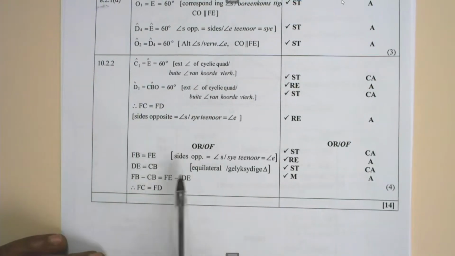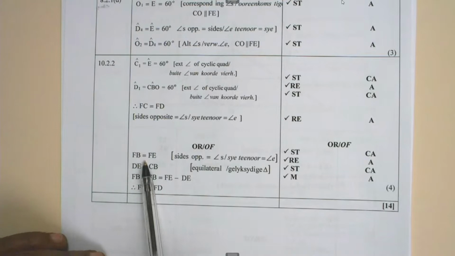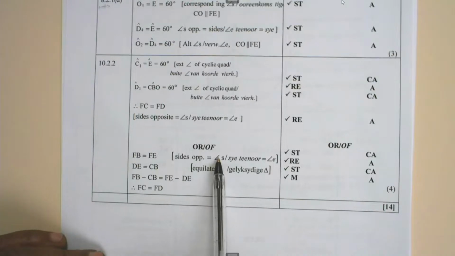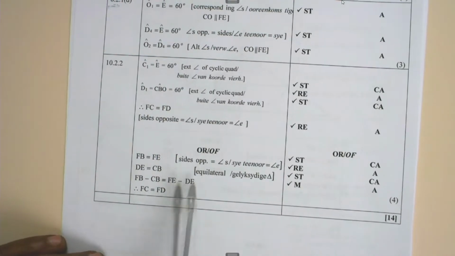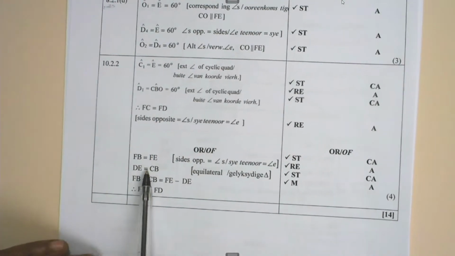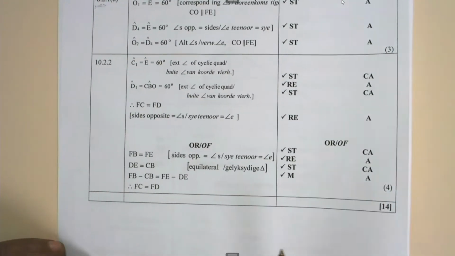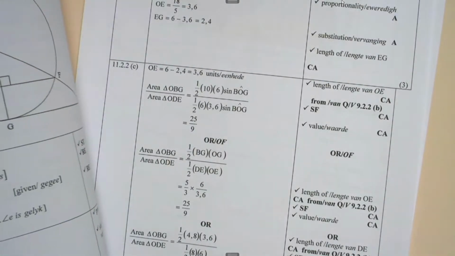Another alternative, they can also say FB is equal to FE, sides opposite equal angles. And then they say equilateral triangle, DE will be equal to CB. And then this would be the total mark of question 10.